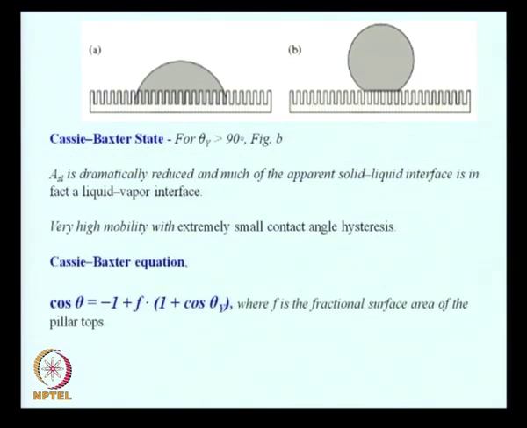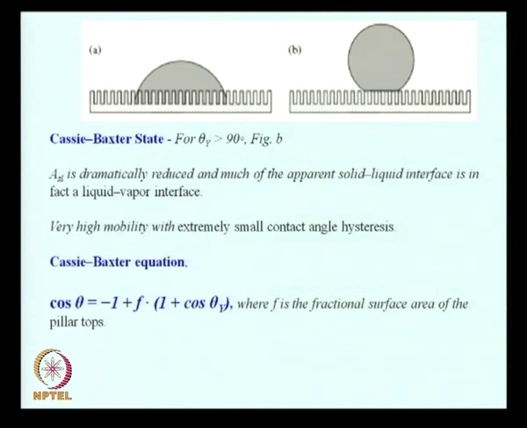So, the roll off angle, which is defined as the tilt angle at which a droplet sitting on the surface begins to roll off, would be lower for the Cassie-Baxter state compared to that of Wenzel's state. And this high mobility and small contact angle hysteresis, as can be observed in the Cassie-Baxter state, has certain uses.